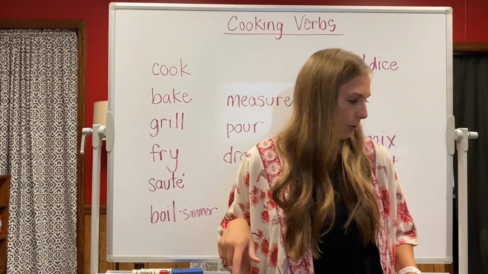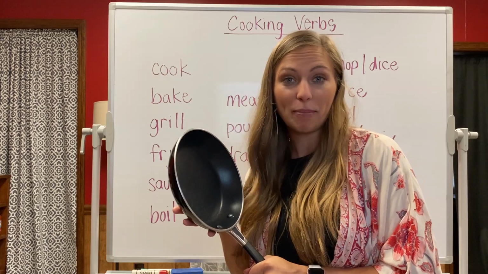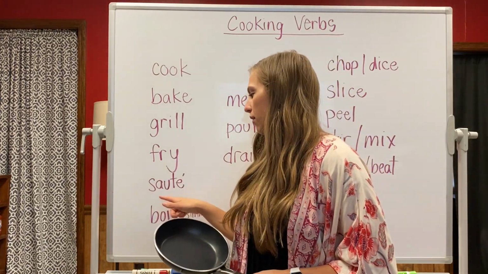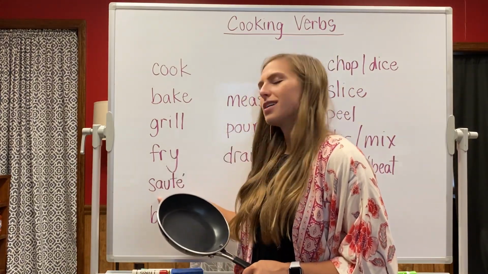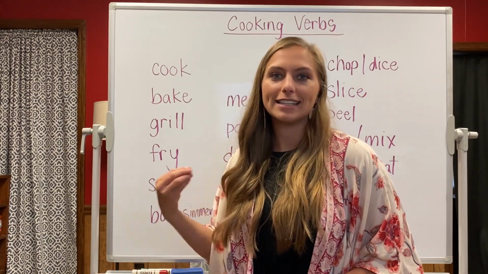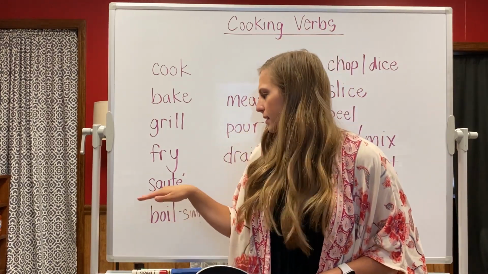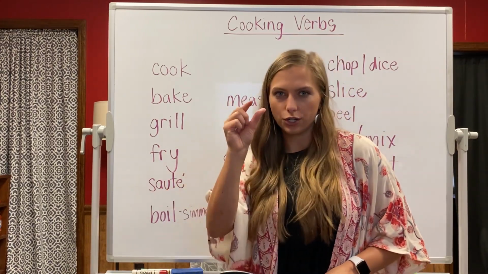The next verb is saute. You might use this kind of pan as well with sauteing, but to saute something means that you cook lightly and maybe a little bit of oil as well, but it's a shorter cook.